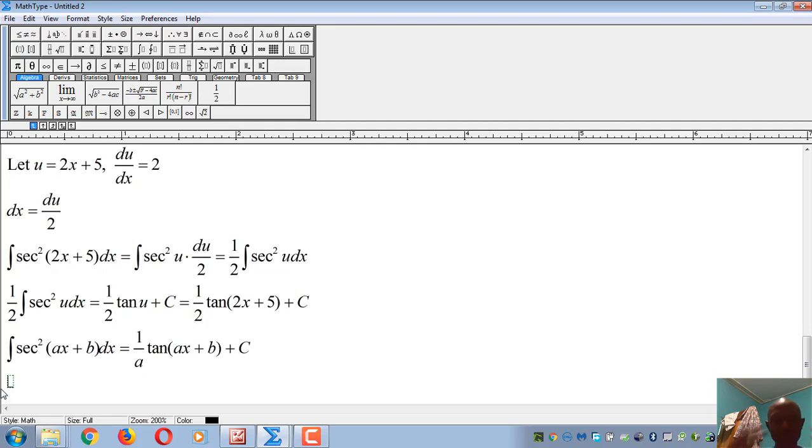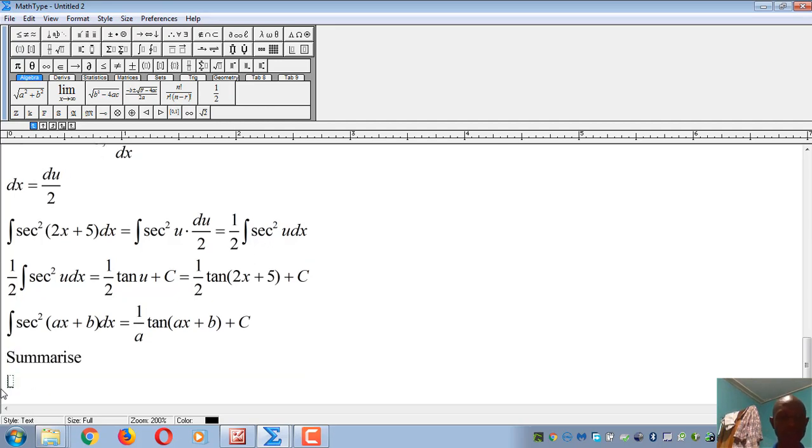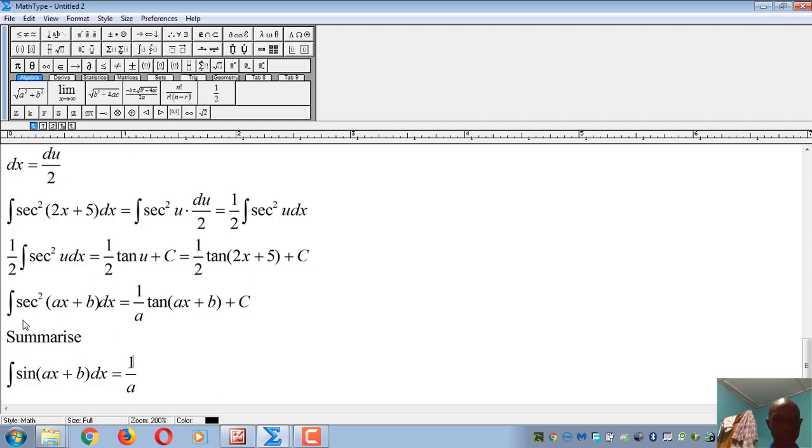So let's summarize all the formulas we have so far. The first one: the integral of sine(ax plus b) dx is the same thing as 1 over a times minus cos(ax plus b) plus c.